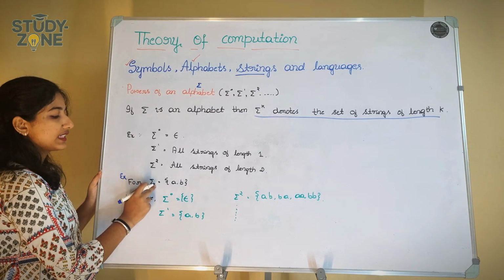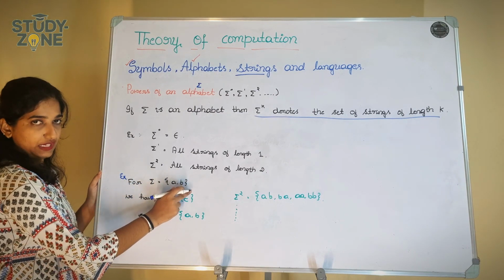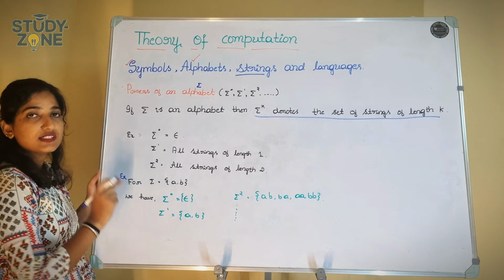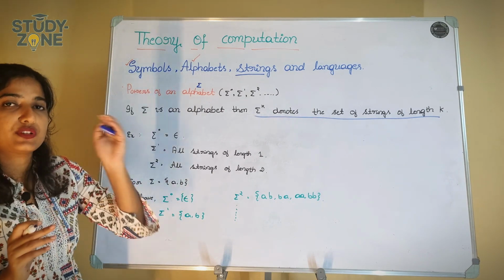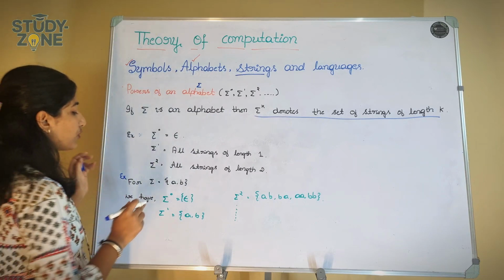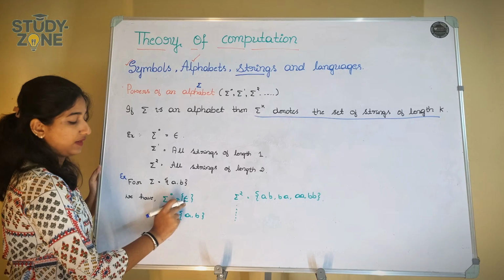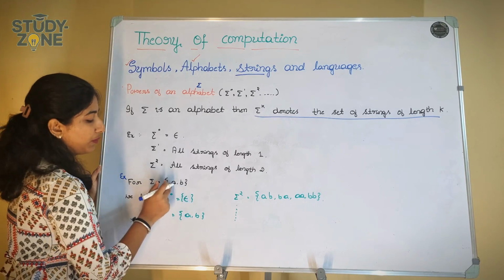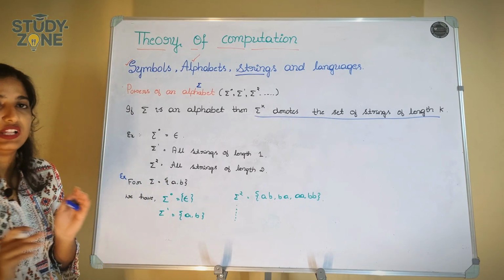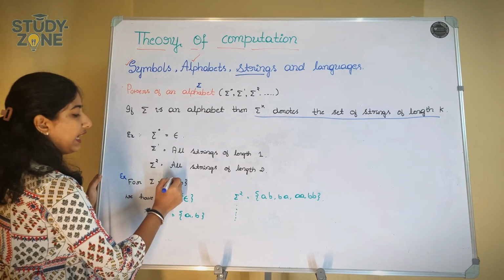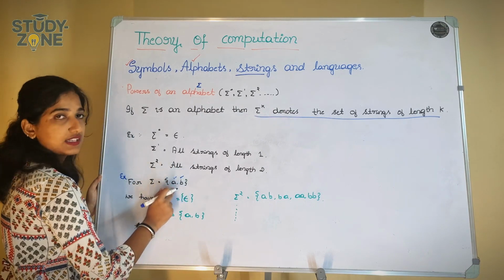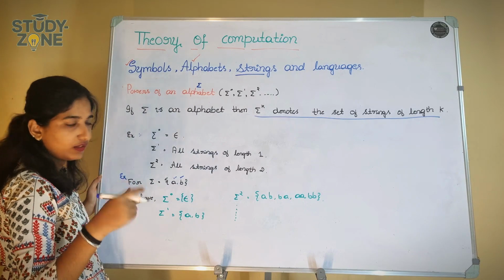Okay. So for sigma equals a comma b, let's take the powers 0, 1, 2, and so on. Sigma to the power 0 is the empty string, and then sigma to the power 1 from A, B is strings of length 1. We can write it like A and B. Is there any other term of length 1? No, right?